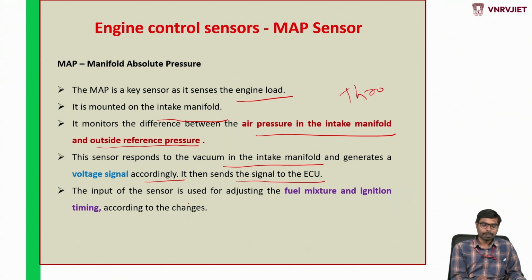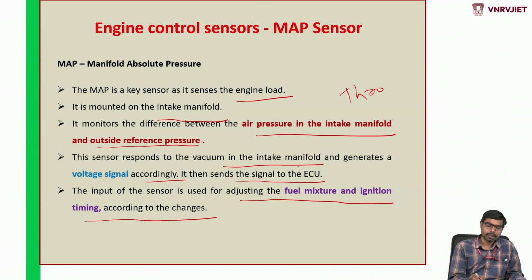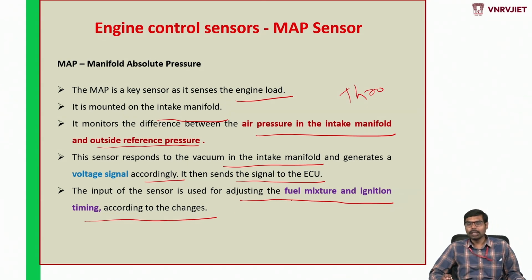The input of the sensor is used to adjust the fuel-air mixture as well as the ignition timing according to the changes. Based on this sensor input, the ECU can understand at what engine load the engine is operating, and based on that it will supply the fuel. That's the point you need to understand here.